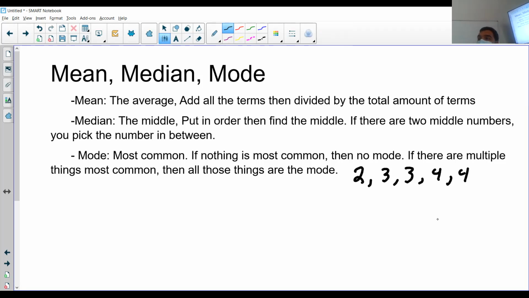In this set of data, 3 and 4 happen the most, but they're tied. So your mode would be 3 and 4. And if everything only happens once, or everything happens equally, then there's no mode. You just write no mode.